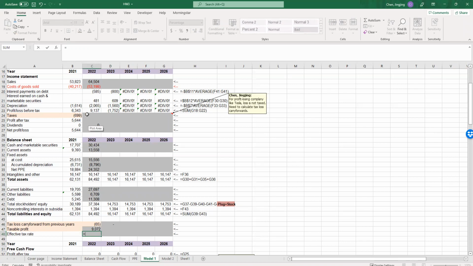Effective tax rate in this case will be just here on the taxes divided by this. Just use here.